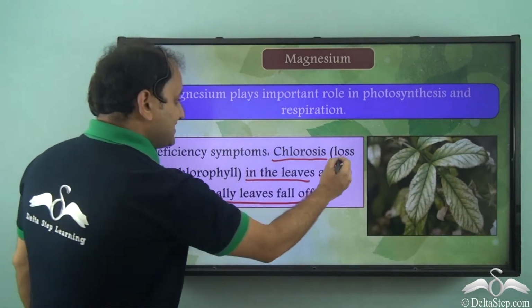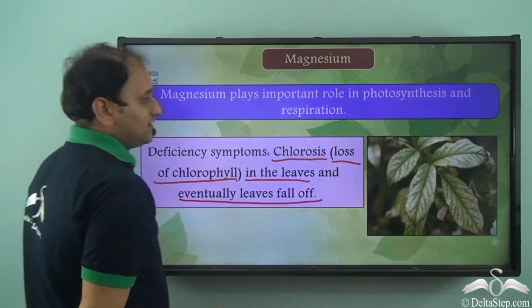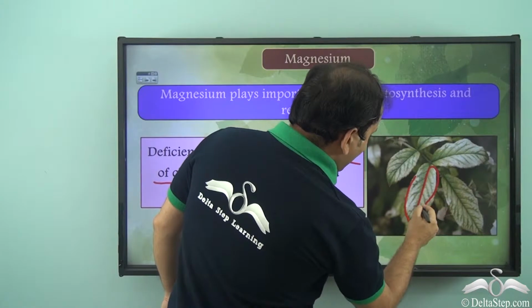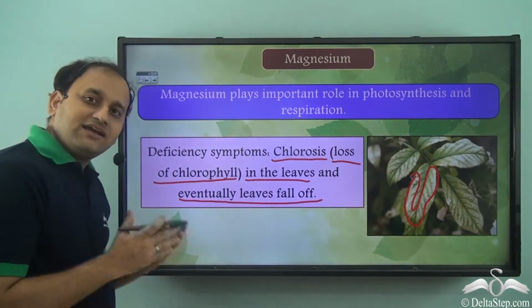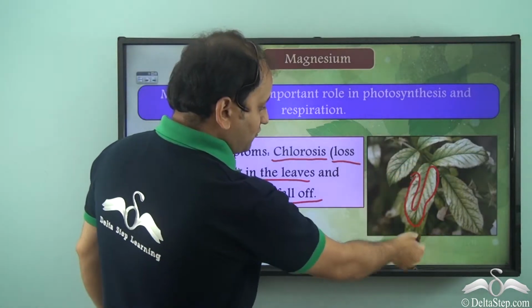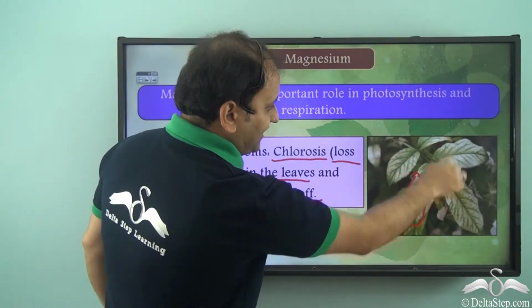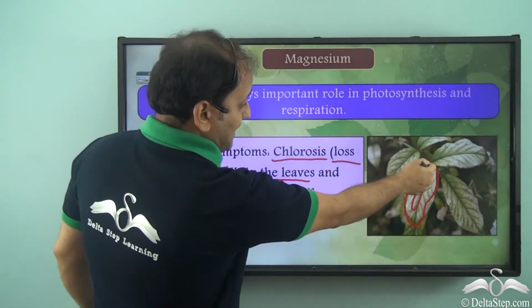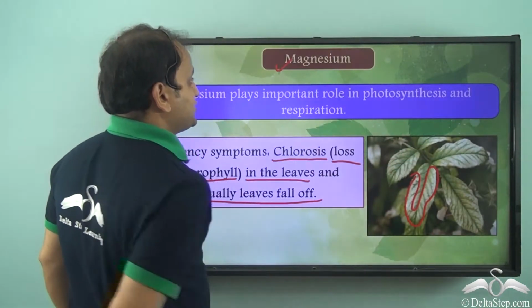What is chlorosis? It is the loss of chlorophyll. You can clearly see the green color has faded out because green color is given by chlorophyll. So if there is loss of chlorophyll, you will find such faded areas on the leaf, which means that the plant is deficient in magnesium.